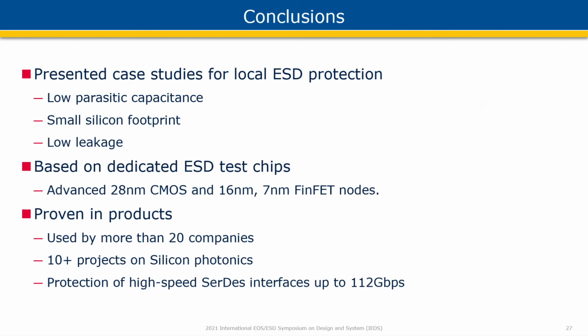In this talk, we presented case studies for local ESD protection with the following characteristics: low parasitic capacitance, small silicon footprint, and low leakage. The examples in this presentation are based on dedicated ESD test chips on 28 nanometer CMOS and 16 nanometer and 7 nanometer FinFET nodes.